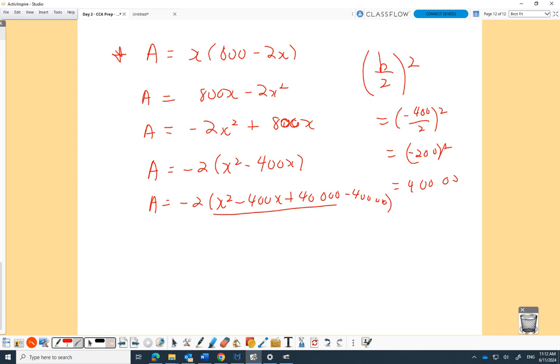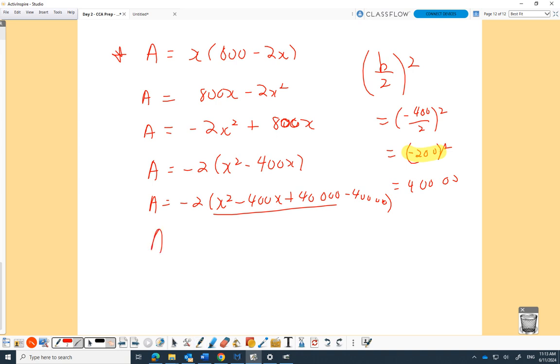Factor those. Two numbers that multiply to 40,000 and add to negative 400. Where is the number? You don't need to figure out the number. It's on the page. It's right there. We found that number in the middle of all this.